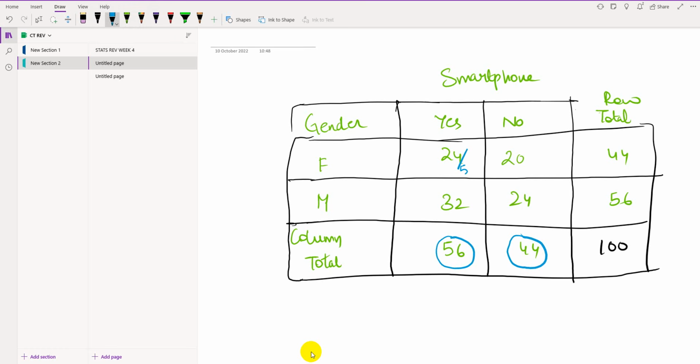So 24 divided by 56, 32 divided by 56. Here the column total is 44. So 20 divided by 44 and 24 divided by 44. This is how we calculate the column relative frequency.